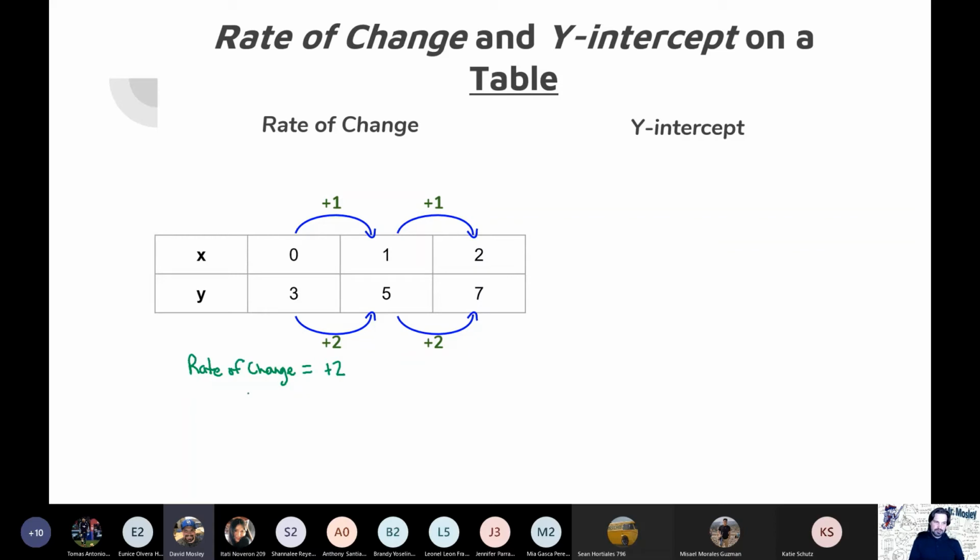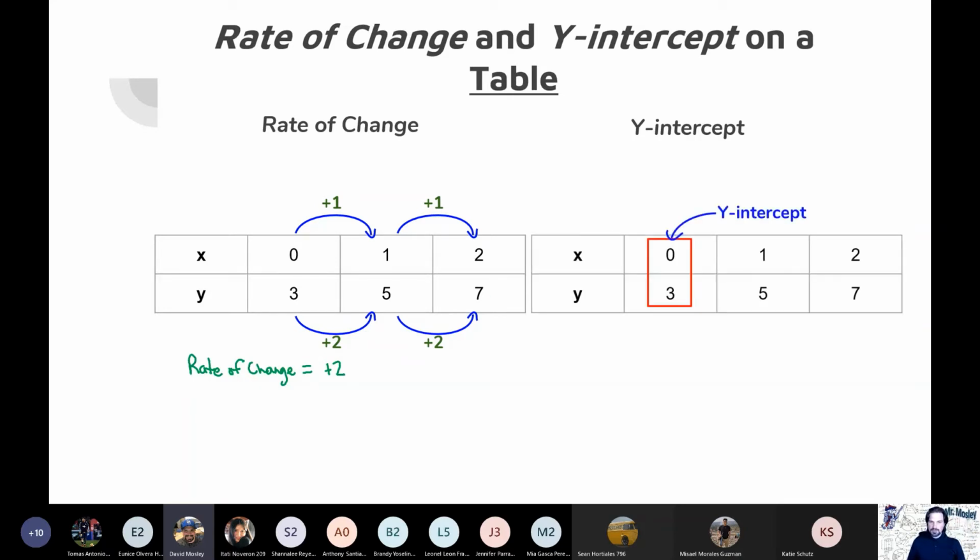La tasa de cambio es más 2. Okay. ¿Por qué 1 más y x? 2 más y. Okay. All right.